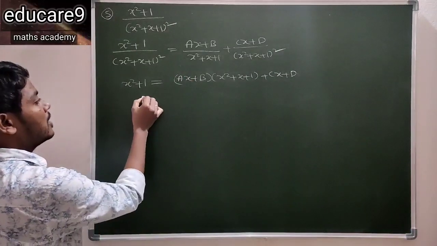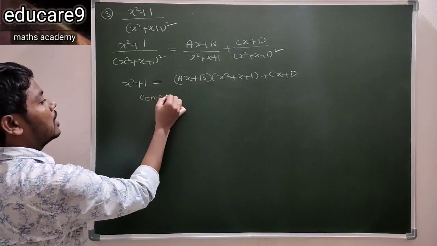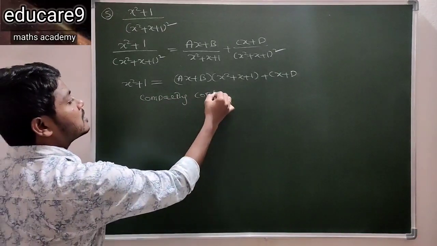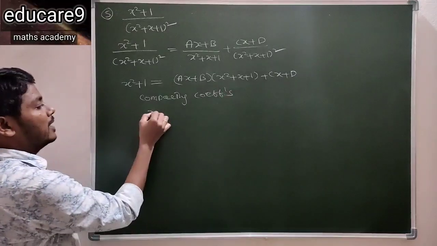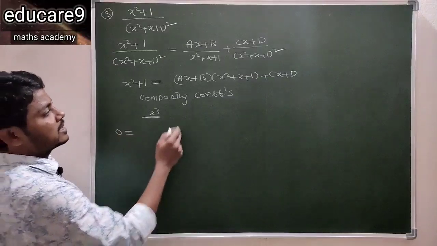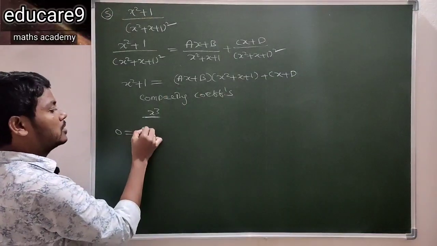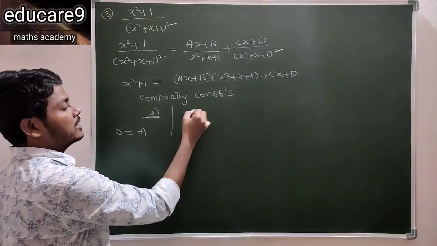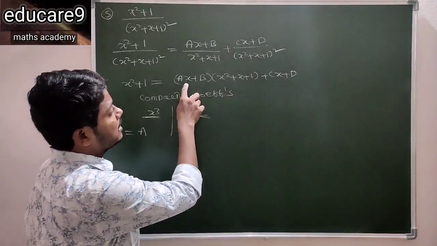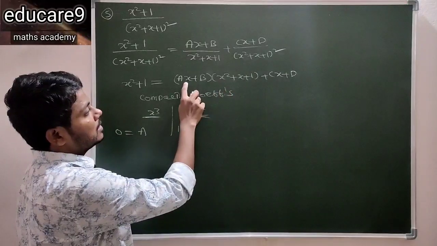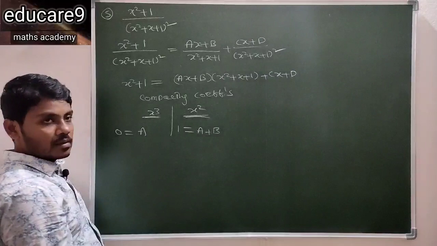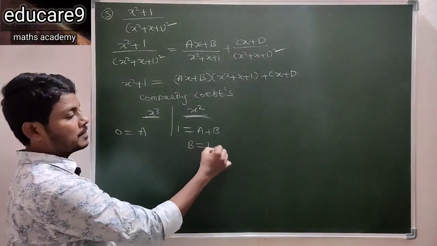So first comparing x cube coefficients, LHS 0, what is RHS side, a only, no? So a value is 0. Next x square coefficients, so 1 on LHS, on RHS, a plus b, so clearly b is equals to 1.